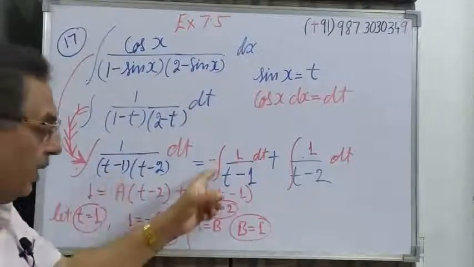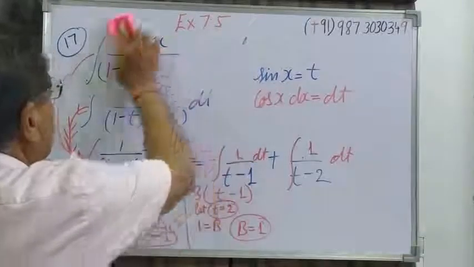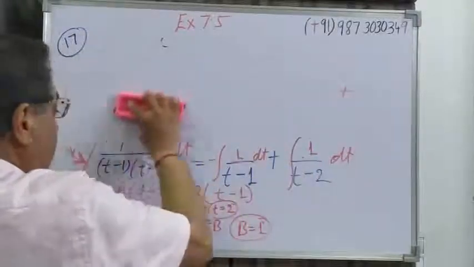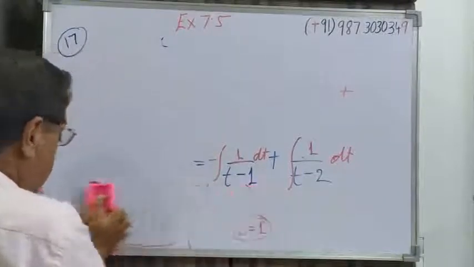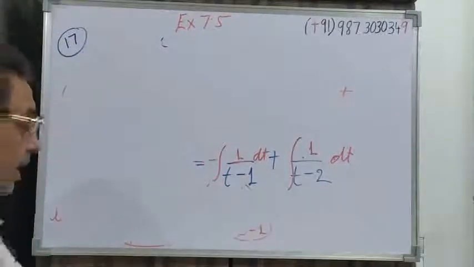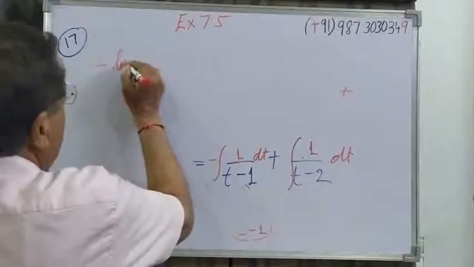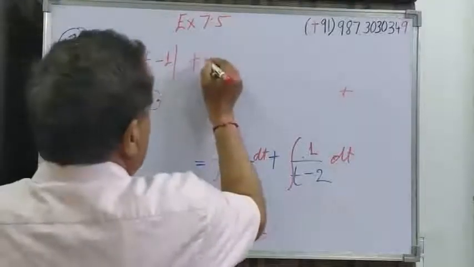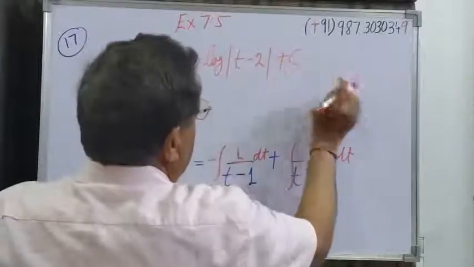Now we are supposed to integrate these two. For integration, it now becomes very simple. It is in the algebraic form. The variable has been changed from sin x to t. So how do we integrate this? Just look at this. Minus 1 upon (t - 1): the integration of this would be minus log of (t - 1) plus log of (t - 2) plus c.